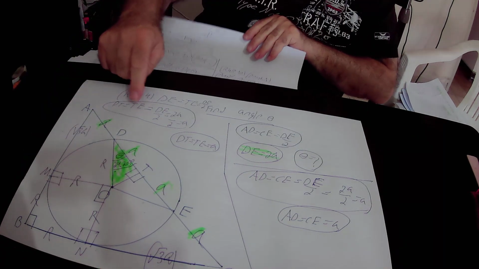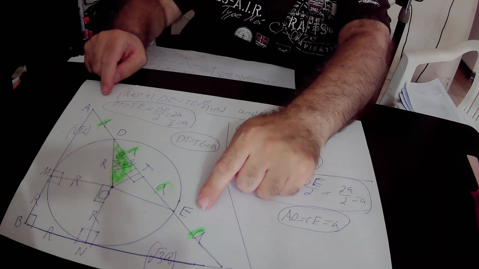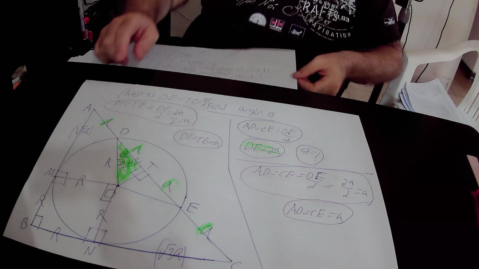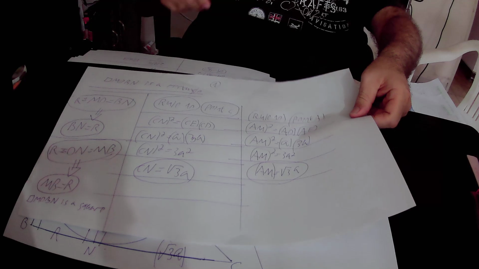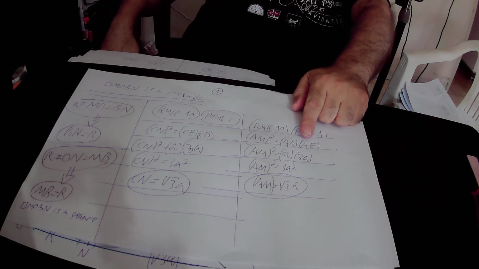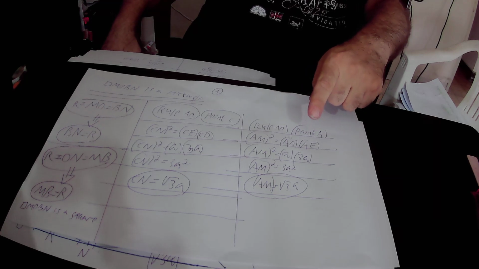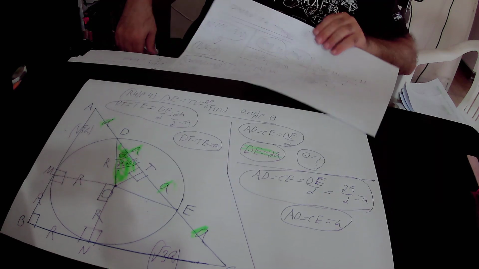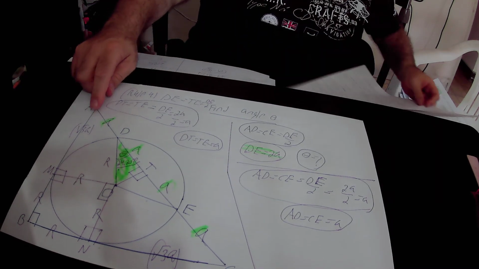AD equals A, and AE is A plus A plus A, that is 3A, so we substitute AE by 3A. We found that AM squared equals A times 3A, which is 3A squared. Taking the square root, AM equals square root of 3 times A.